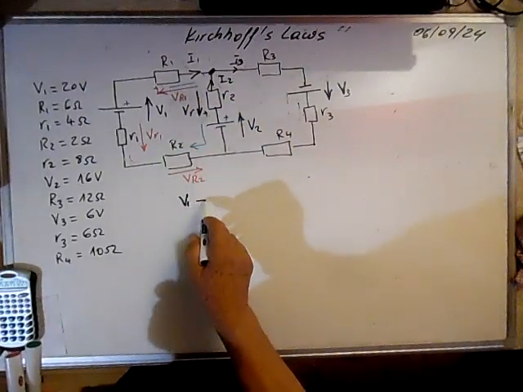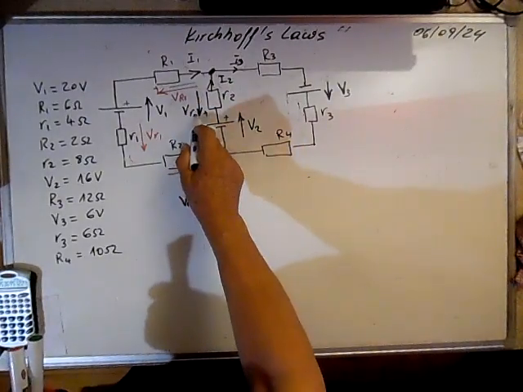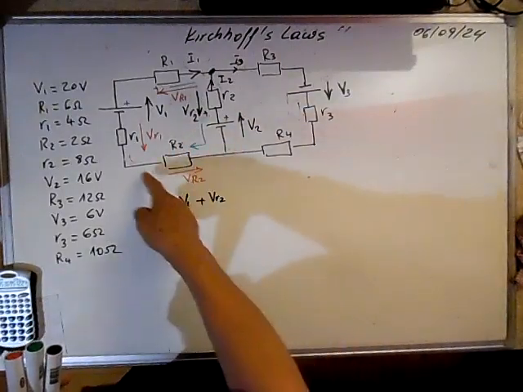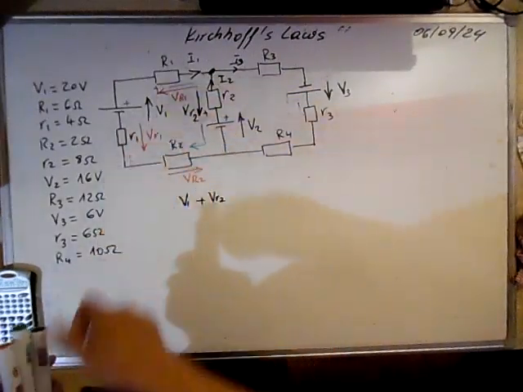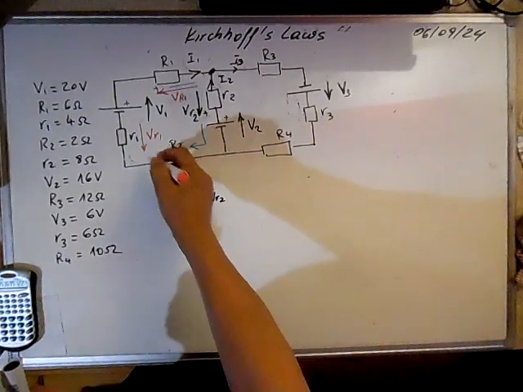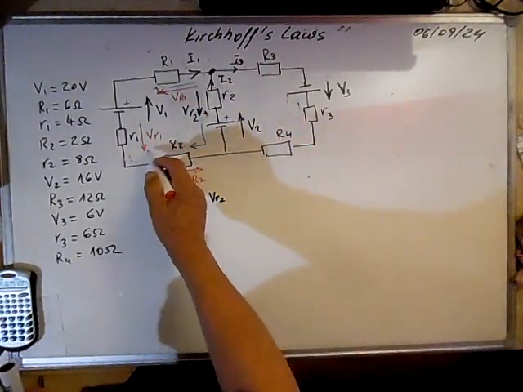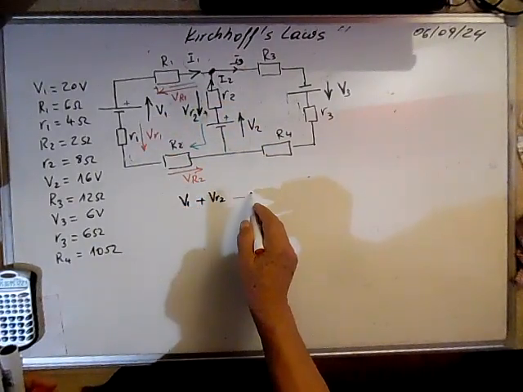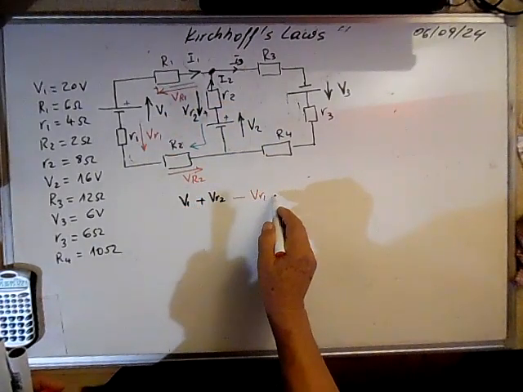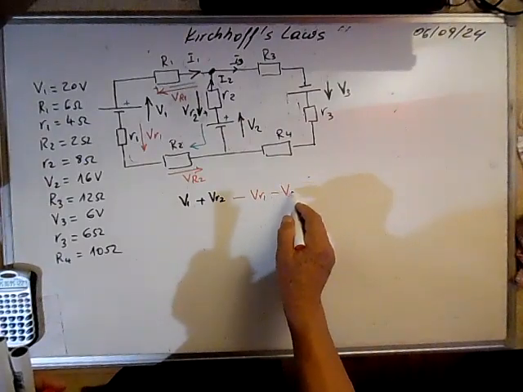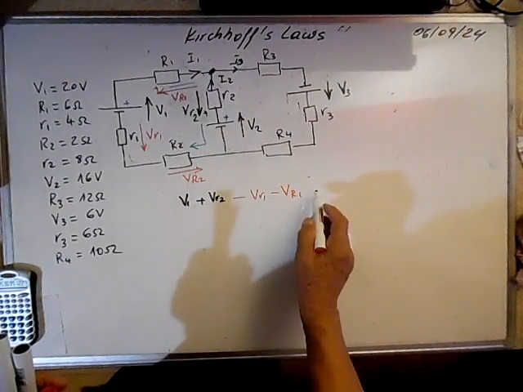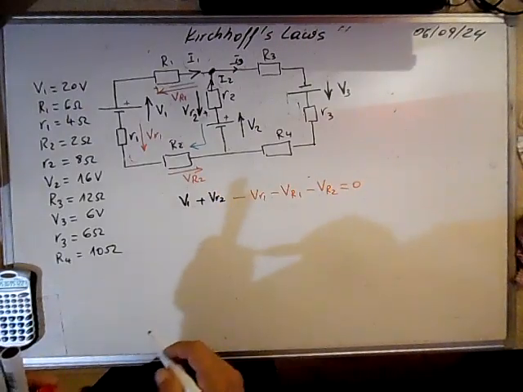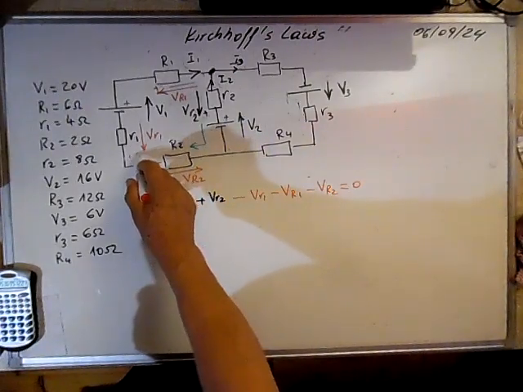We can write plus VR2, minus those that are anti-clockwise, because we enter a plus and we come out from minus, VR1 small letter, minus VR1 and minus VR2 is equal to 0. This is the first mesh.